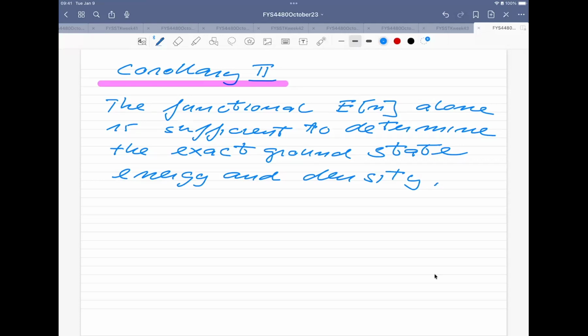So let's look at the proof of theorem 1. We have defined density as a basic variable. So n of r is now assumed to be a basic variable.